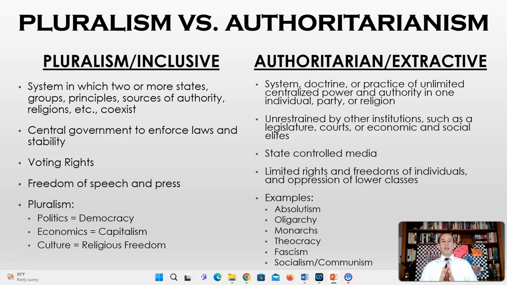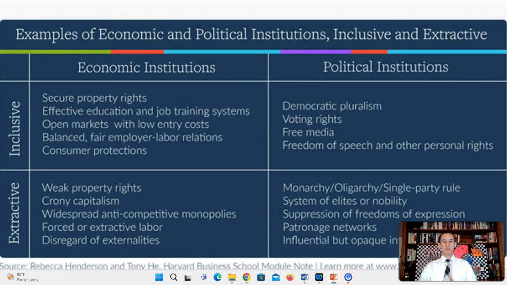So this is how pluralism starts to develop. And this concept is so important for you to understand: that human history is the history of extractive institutions.